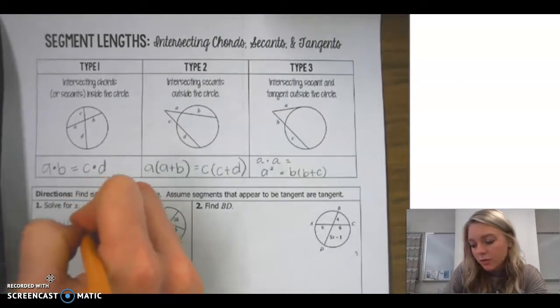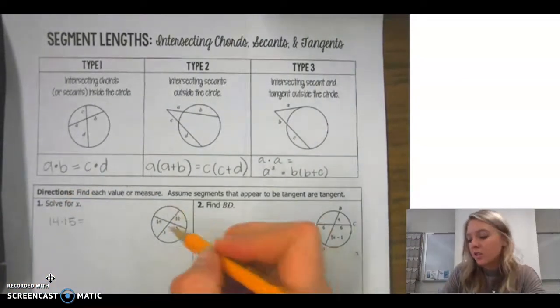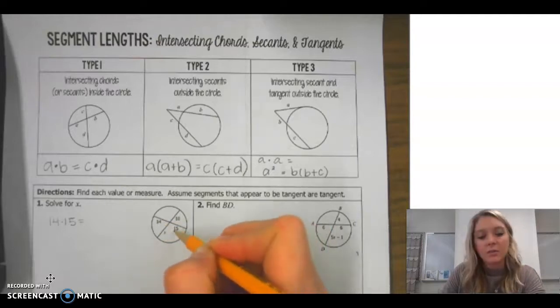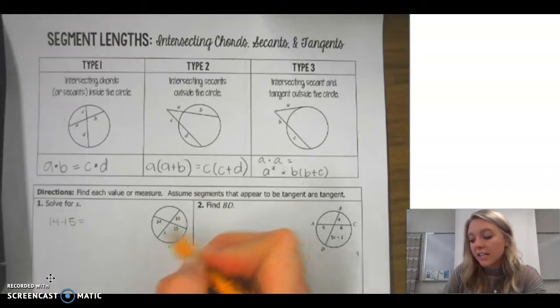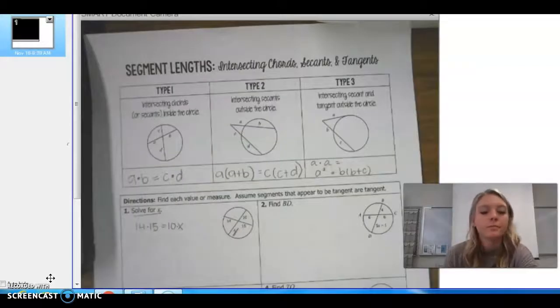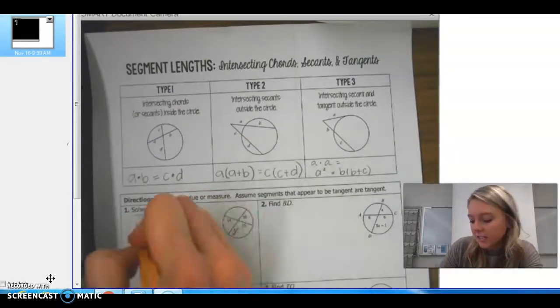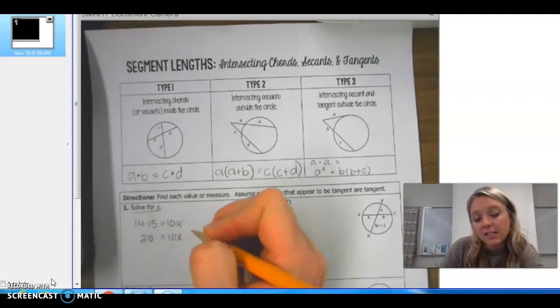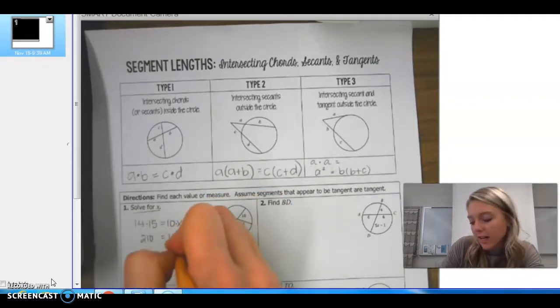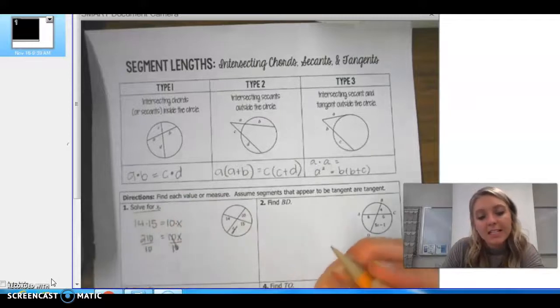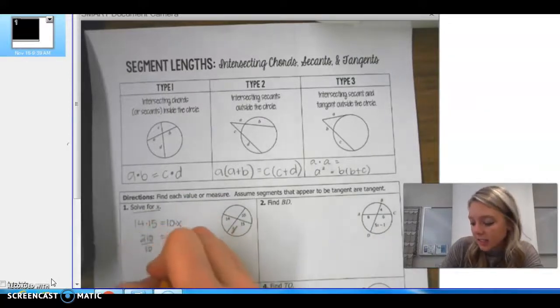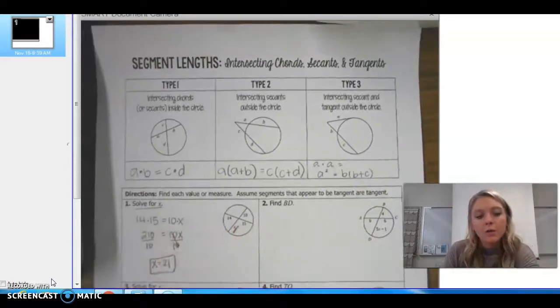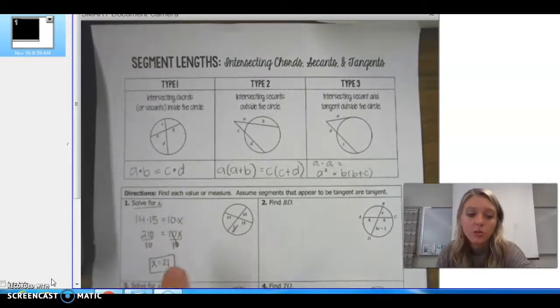Doesn't matter which chord you start with, but you're going to multiply the two segments together, 14 times 15, equals, look at the second chord, and I'm going to multiply the number 10 with the variable x. So 14 times 15 equals 210. 10 times x, I'm just going to write that as 10x. To solve for x, we would divide the left and right by 10, and 210 divided by 10 would be 21. For number 1, it just said to solve for x. So once you figure out what value x equals, you are finished.